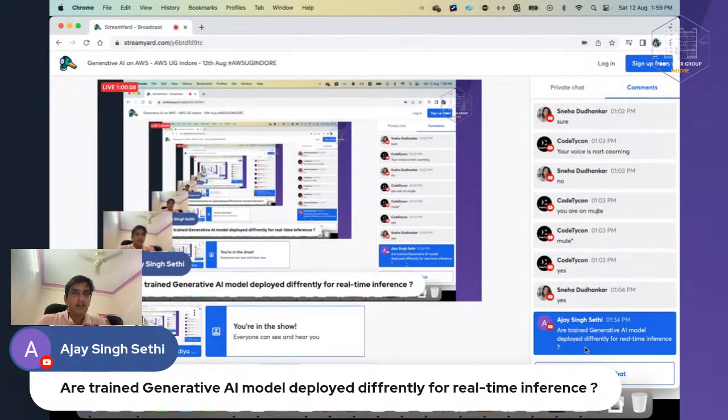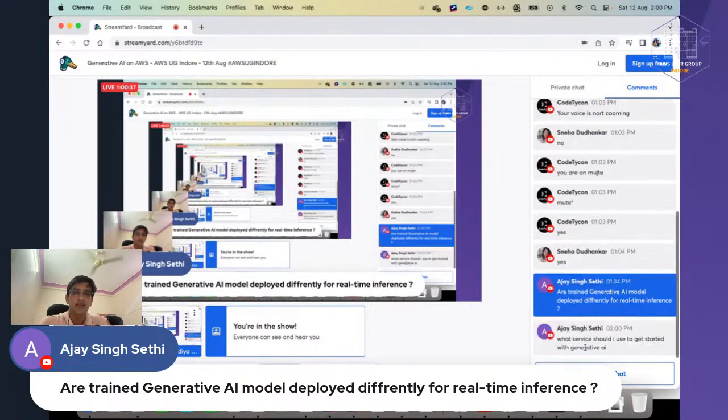At the end of it, the inferences would have to be generated via endpoints, and you can do it via the SageMaker endpoint service, or via Amazon Bedrock, which gives you APIs. But all of that would run inference on these inference processors, Inferentia, that we saw, which would give output. The way you would see it in Bedrock would be different because you call via API, and the way you would see it in SageMaker endpoints would be slightly different. That's the only difference.